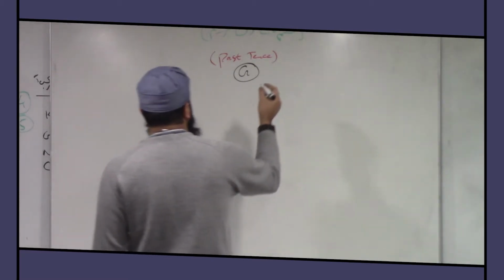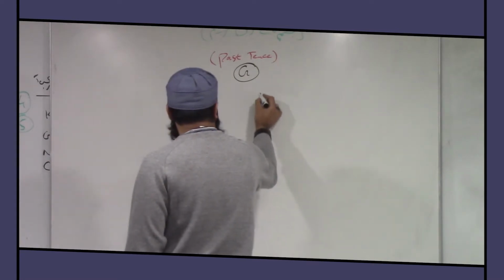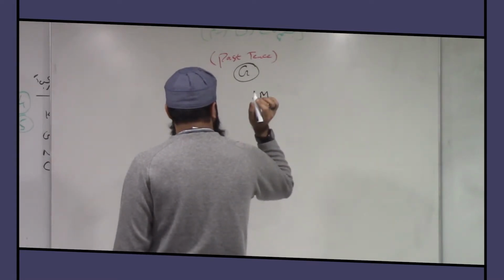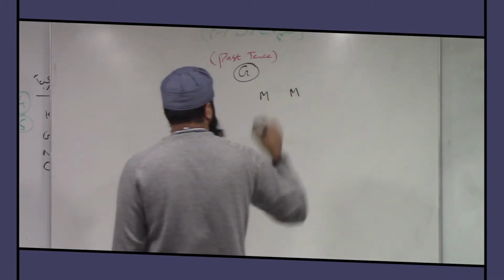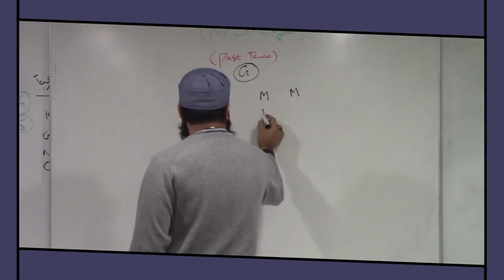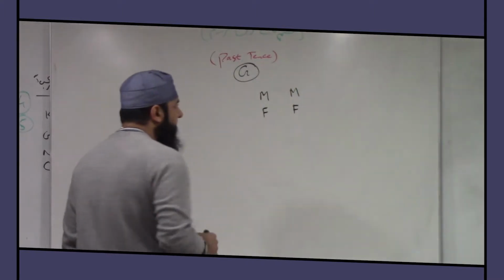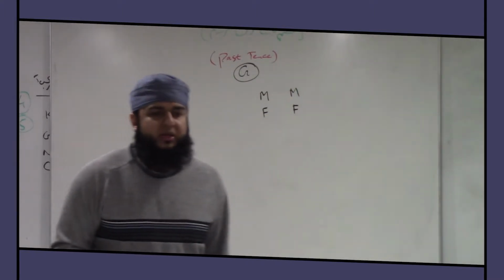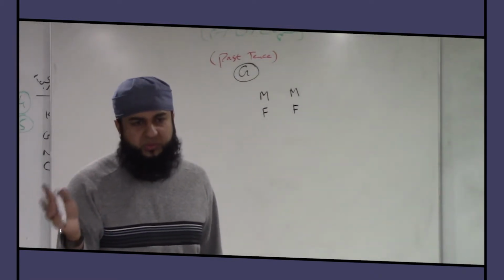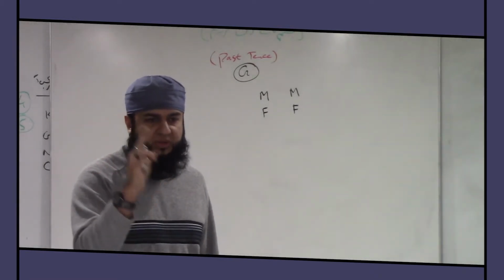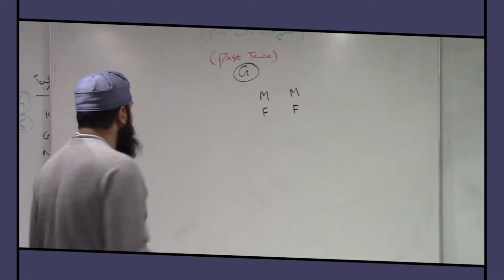If you have a masculine subject, you go with a masculine verb. If you have a feminine subject, you go with a feminine verb. You match it the same way you did in the adjective phrase, masculine with masculine, feminine with feminine.